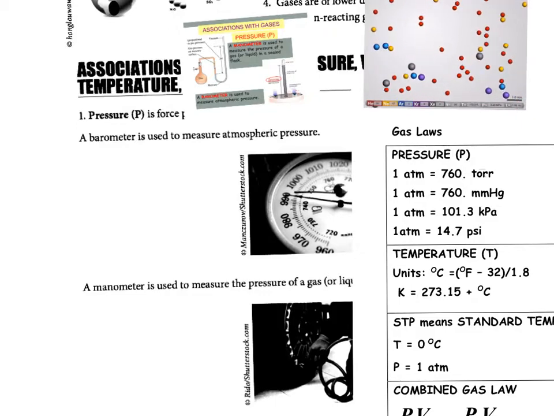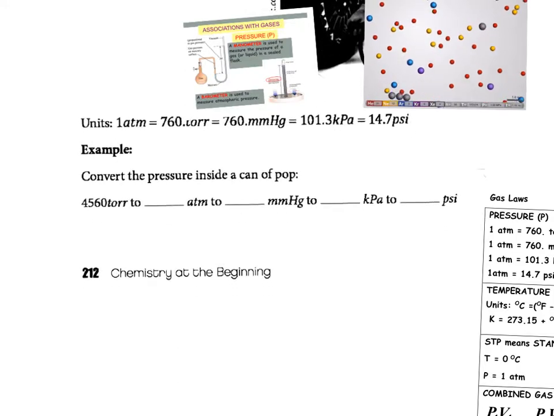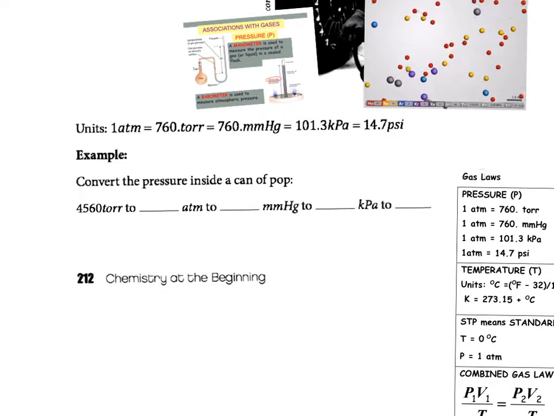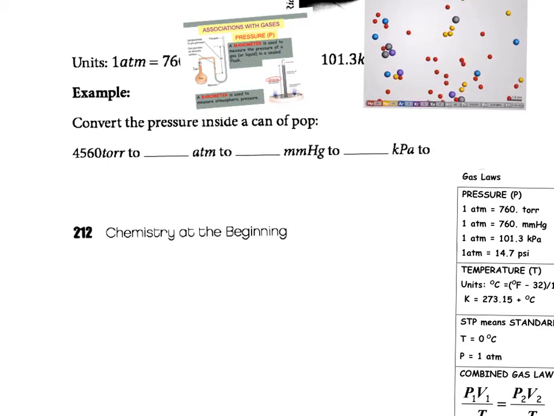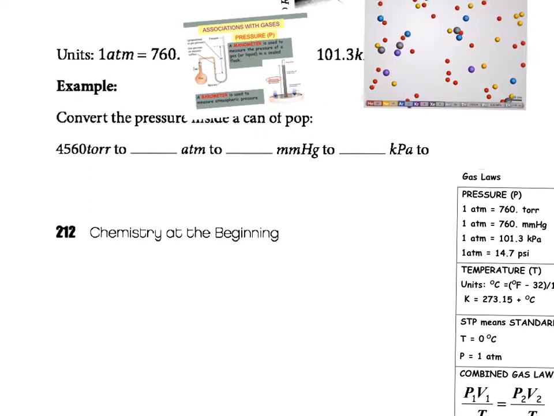So I'll look down at the bottom of the page and do this example on the bottom of page 212. The example is doing a pressure conversion of the pressure inside a soda can, and we have this pressure of 4,560 torr.